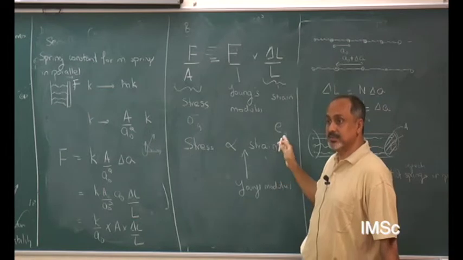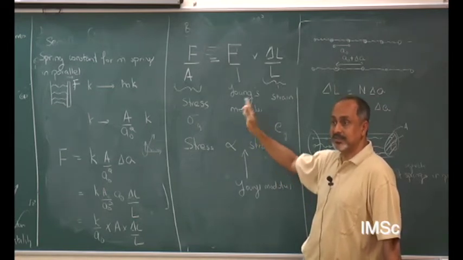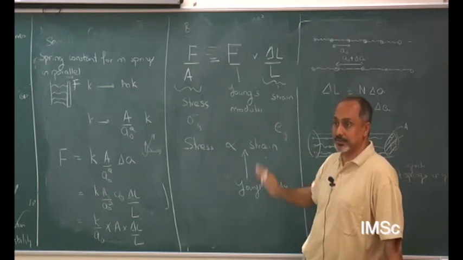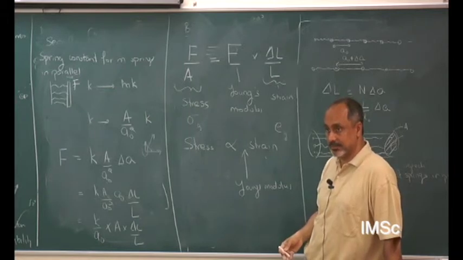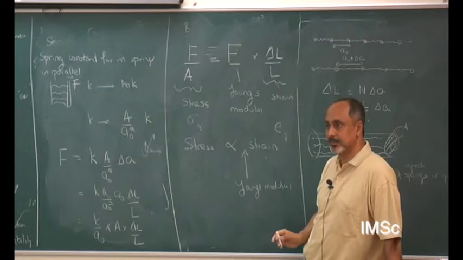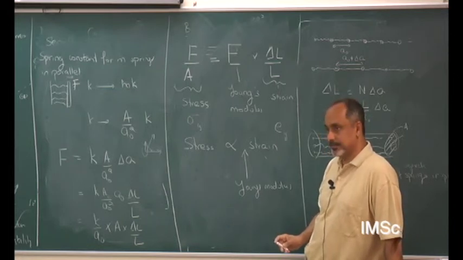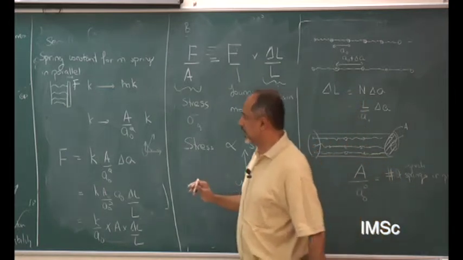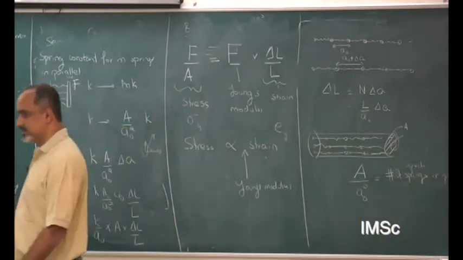But there's a more general description that relies on the fact that these are tensors and not simple scalar quantities, as we have written down so far. We will come to that maybe a little bit later and explain exactly what that means and how it can be understood.